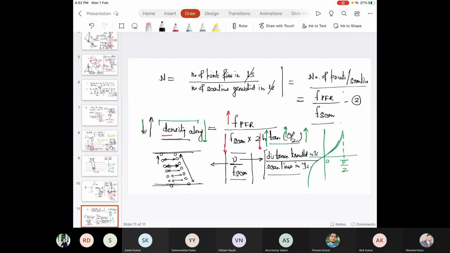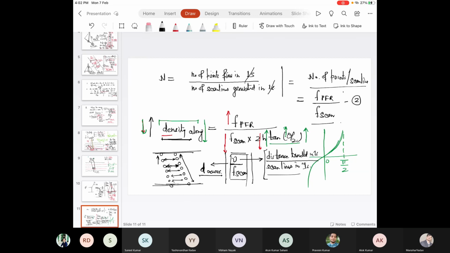When you go from the previous to the next scan line, what is the distance traveled? That is given by v divided by f scan. Let's say this is a distance. It's not density, it's a distance across. Why am I using across? Because the reference direction we have considered is along the scan line.